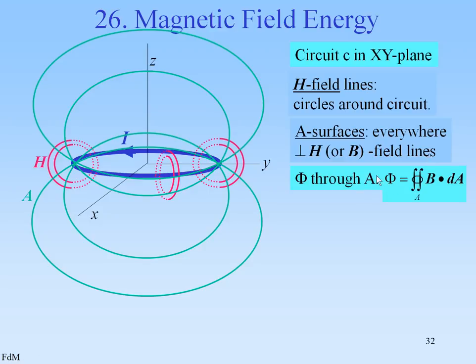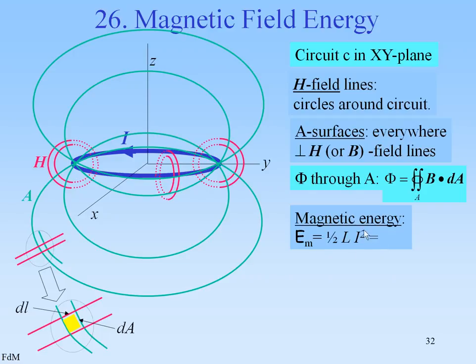Now, the flux through those A surfaces is B times dA integrated over the closed surface A. And the magnetic energy is 1/2 times L times I squared.